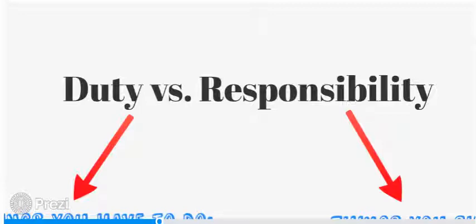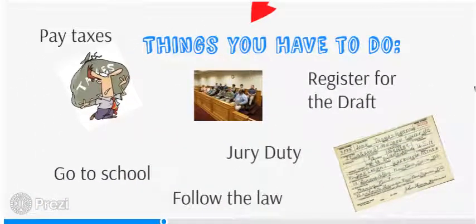We talked about this in our blind Kahoot in our last lesson, but we have talked about duties versus responsibilities. So a duty is something that you have to do. That is the definition of something that is your duty. I have to go to lunch duty once a month. It is zero fun, but I have to do it. All right? Gentlemen, I'm so sorry for you, but you have to register for the draft.